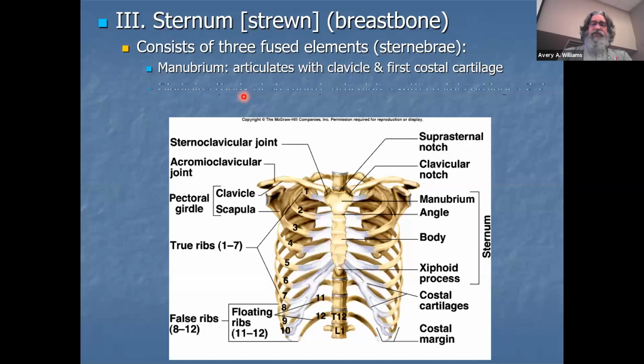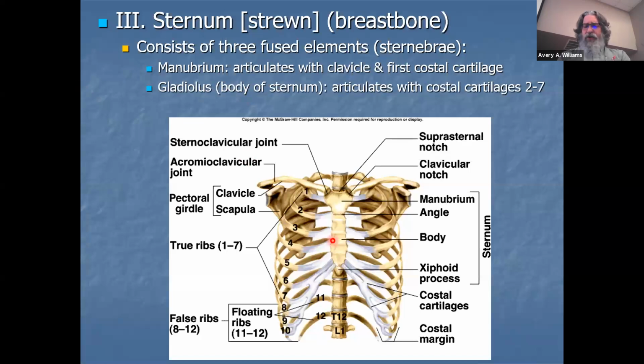The second part is called the gladiolus, from here down to here, or some books will call it the body of the sternum. I like gladiolus because it's more like man shield again. When would men use a shield, like gladiators, get it?